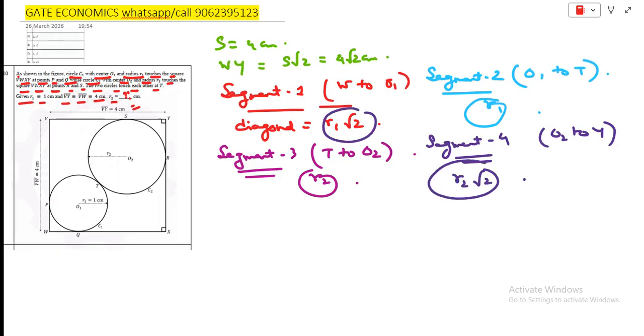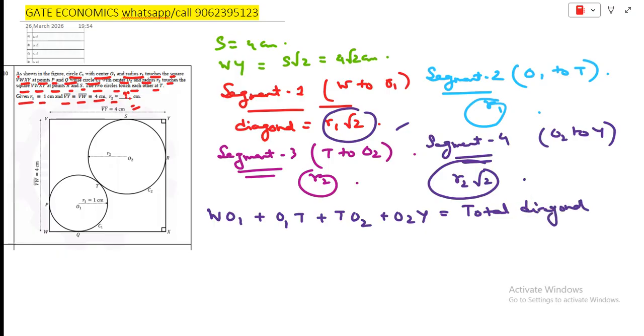Okay, now let's make the equation. So WO1 plus O1T plus TO2 plus O2Y will be what? Total diagonal WY, right?